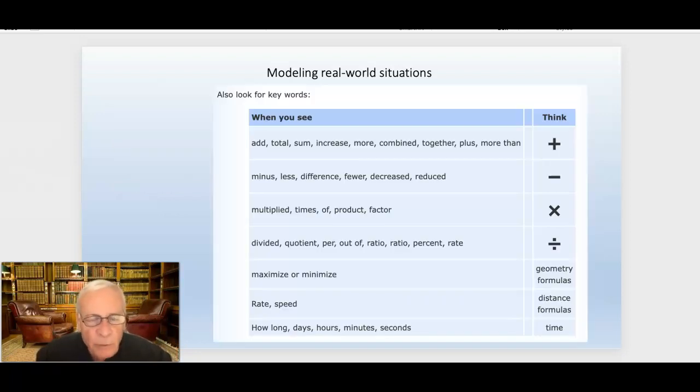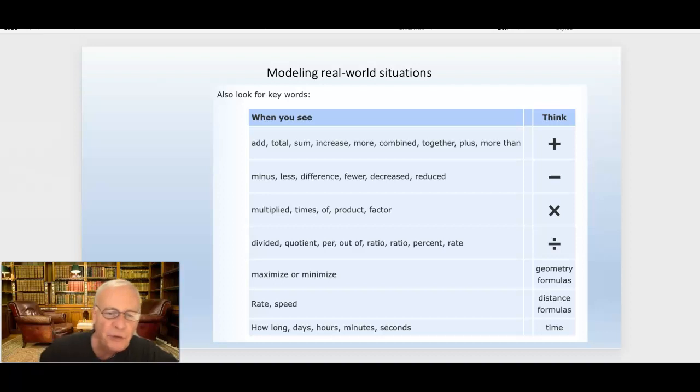Also, there are keywords you look for. Basically these tell you to add, subtract, multiply, or divide. Which one are we going to do? Maybe there's a couple different things. Words like add, total, sum, increase, more, plus, or more than mean addition. Minus, less, difference, fewer mean subtraction.